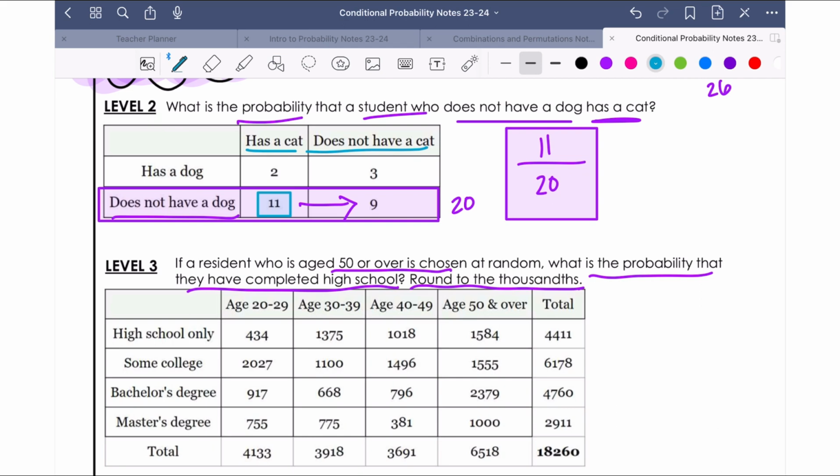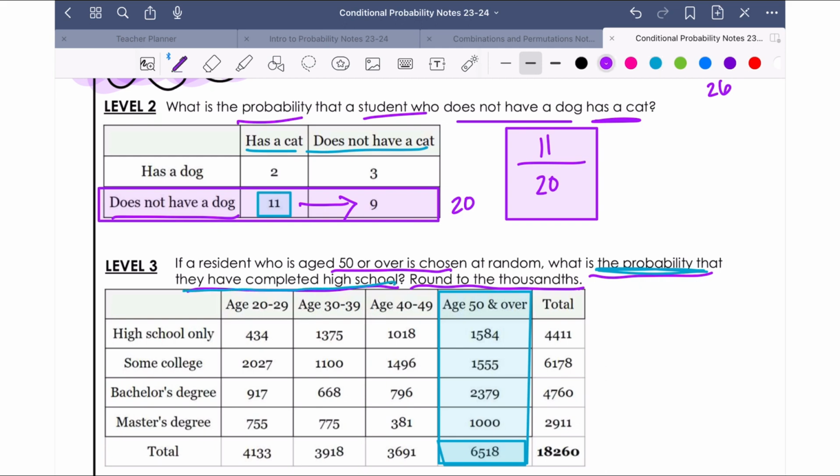So, where's that category? Right here. 50 or over. Oh, and they already gave us the totals here. Okay, so this is the total actually. So, from this category, 50 or over, what's the probability that they completed high school?